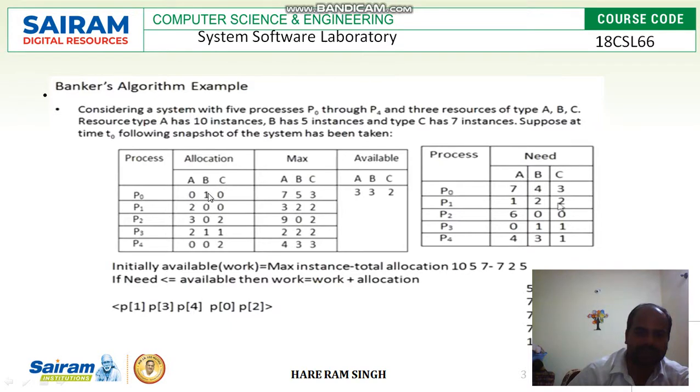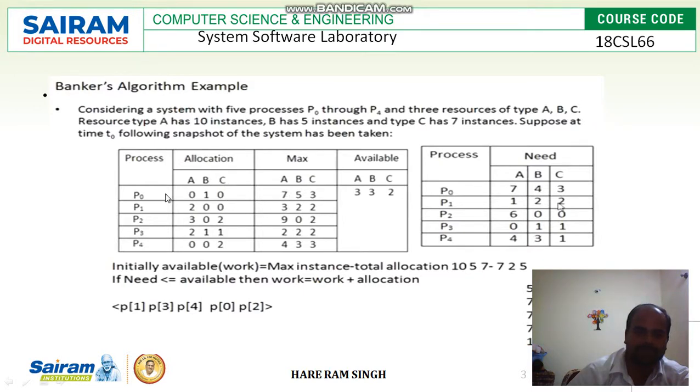Similarly, 2 instances of B are allocated out of 5, so 5 minus 2 is 3. And 2 plus 2 is 4, plus 1 is 5 instances of C allocated out of 7, so available is 2. Now how much do P0, P1, P2, P3 and P4 require?